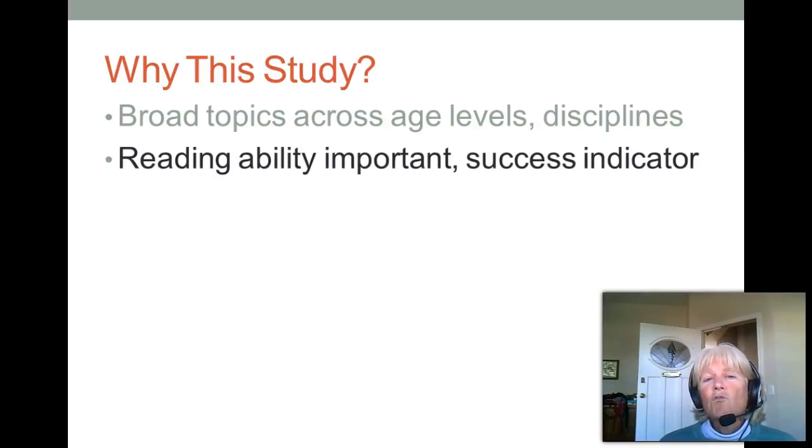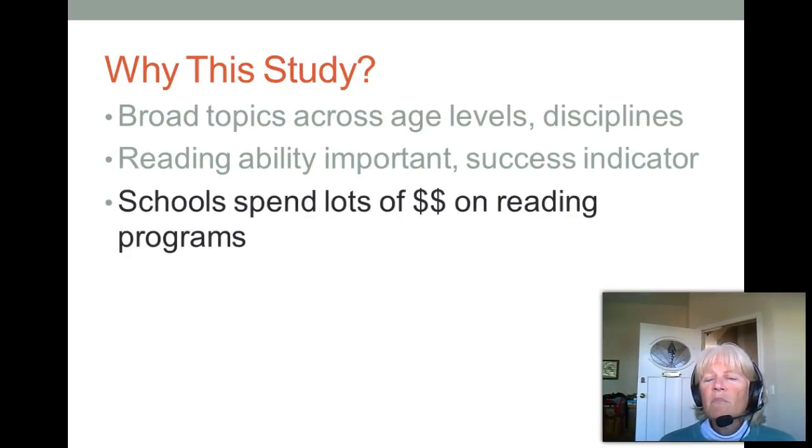So schools spend a lot of time and effort trying to figure out how to get kids up to sufficient reading levels, and so it becomes everybody's problem and issue because it is a societal kind of thing. So we all basically have a stake in the success of people in terms of their ability to read.